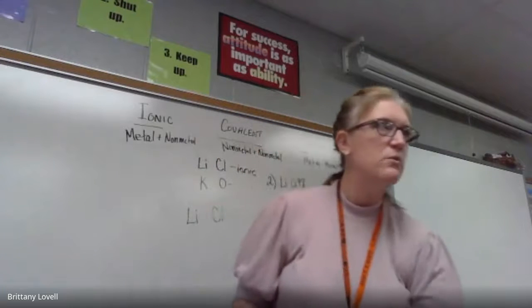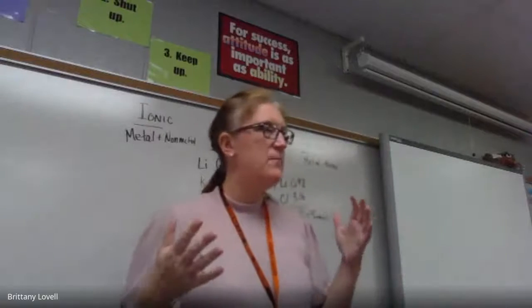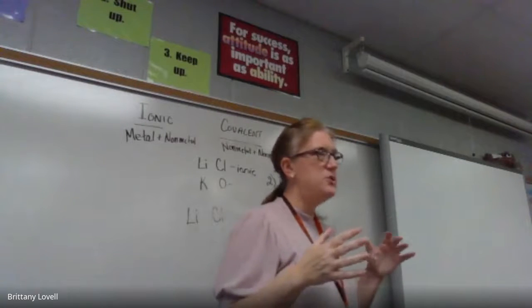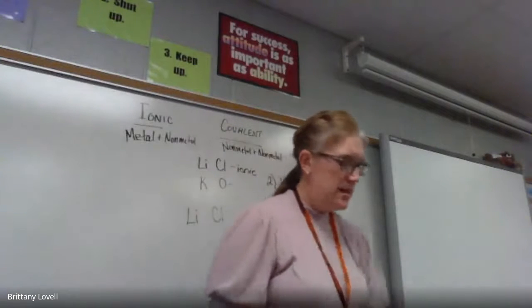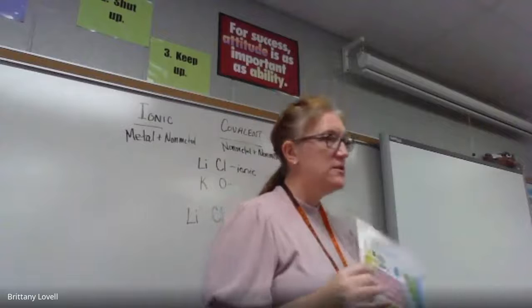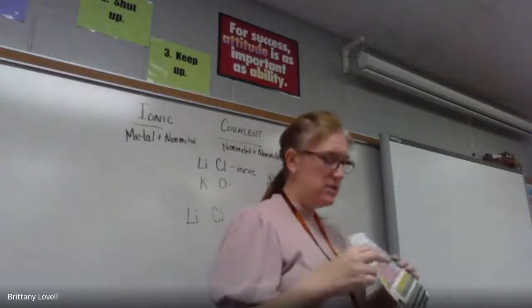If you remember, we said yesterday that a Lewis dot diagram shows the outermost electrons, and the way you tell how many outermost electrons to draw is you look at their group number.